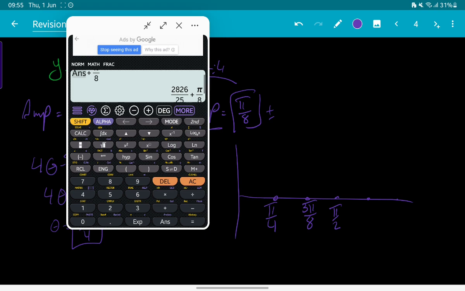Pi over 2 plus pi over 8 is 5 pi over 8.